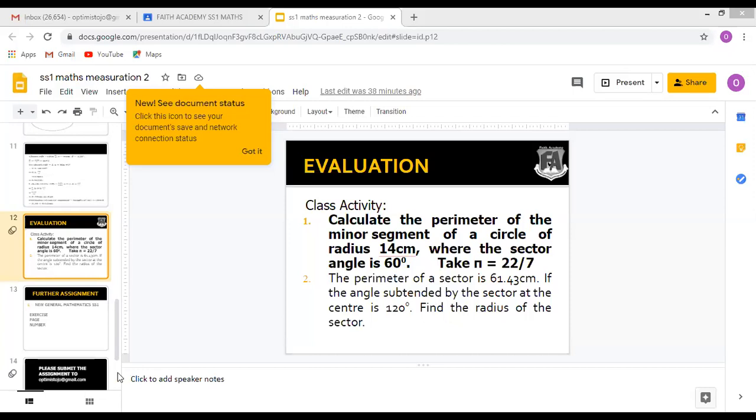5.4. Somebody is getting, is it 5.4? What's the answer?